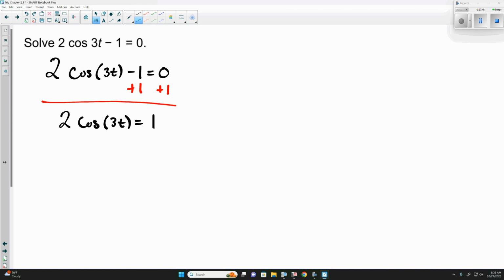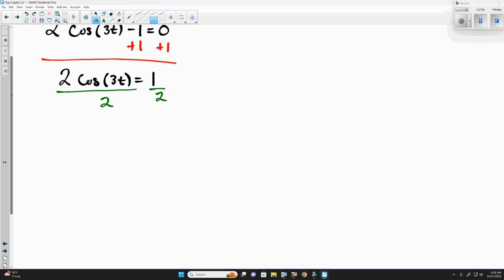But the next thing we need to do to get cosine by itself is divide both sides by 2, telling us that cosine of 3t is equal to 1/2.